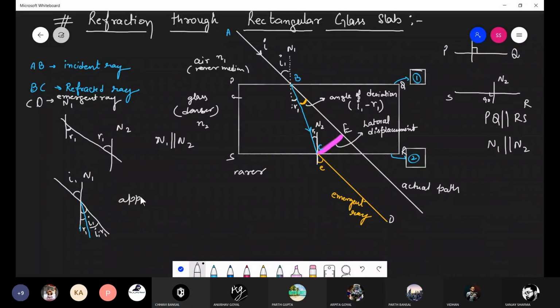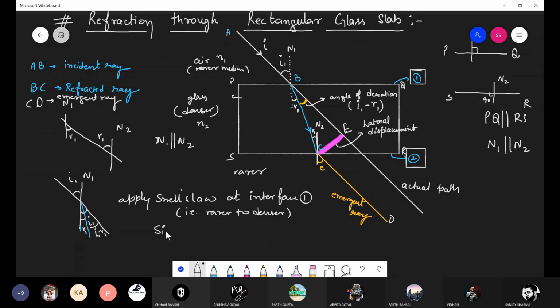Now apply Snell's law at interface 1, the first interface, that is rarer to denser.